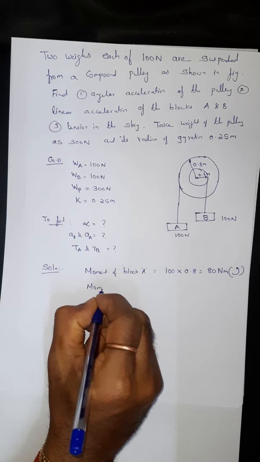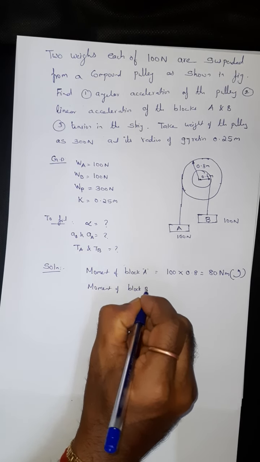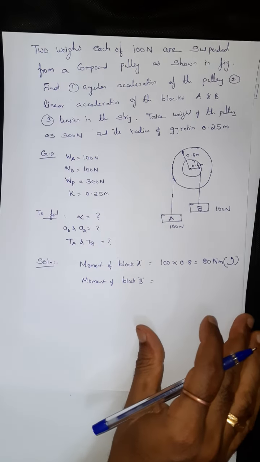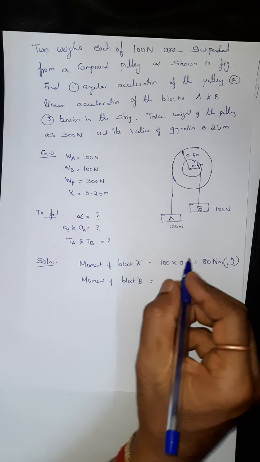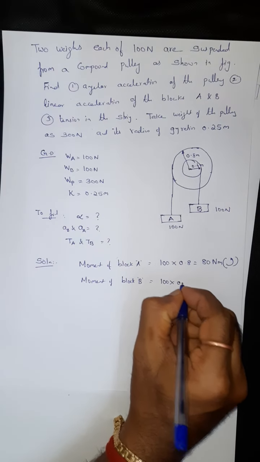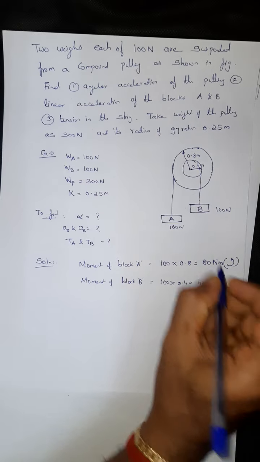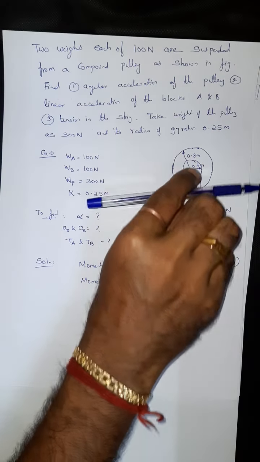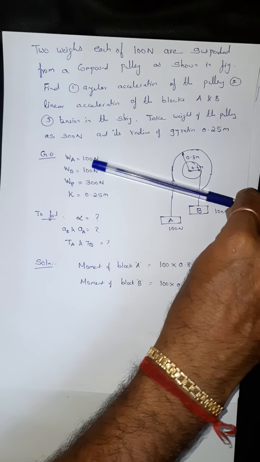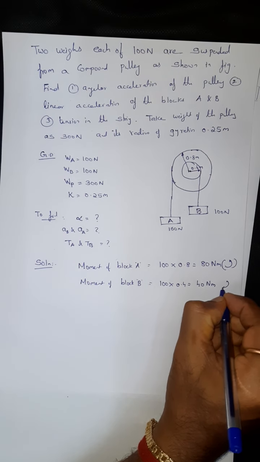Next, moment of block B, that is force into its perpendicular distance. Force is 100 into 0.4, which is 40 Newton meter, which rotates in clockwise direction.